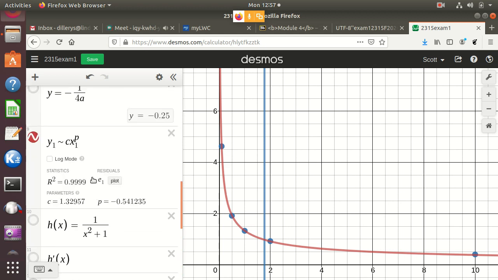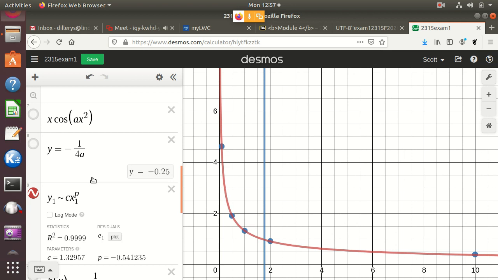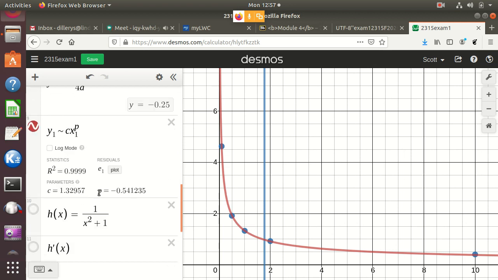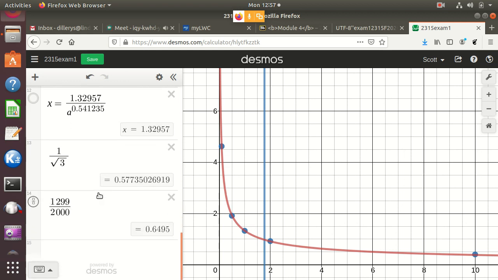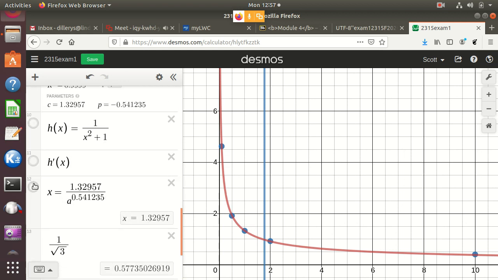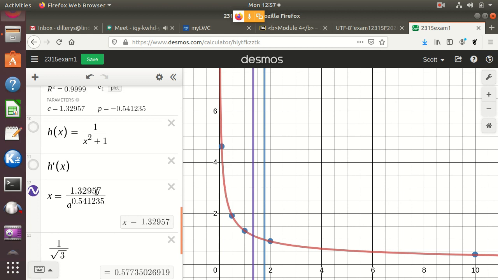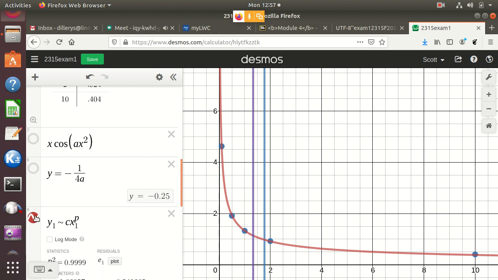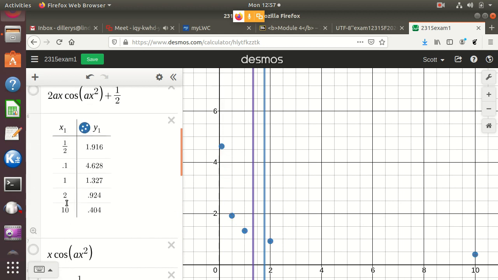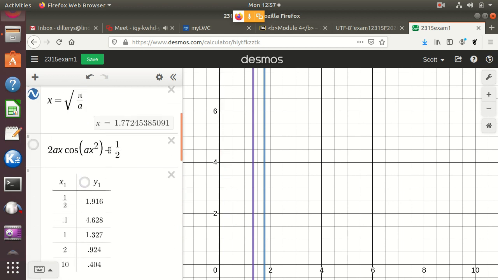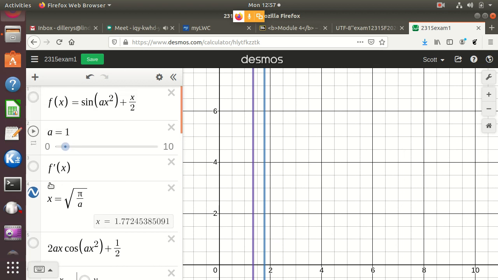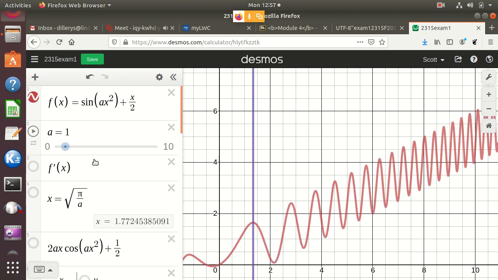And I played with it a little bit, and it doesn't do too badly. So there is the solution, I'm guessing, for any given A. And so I'm going to get rid of that and get rid of the dots, and then put the function back in.